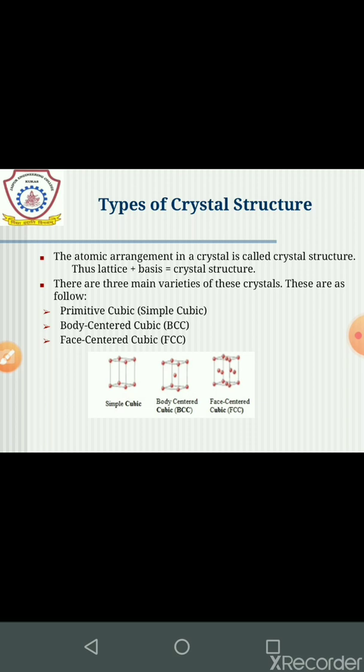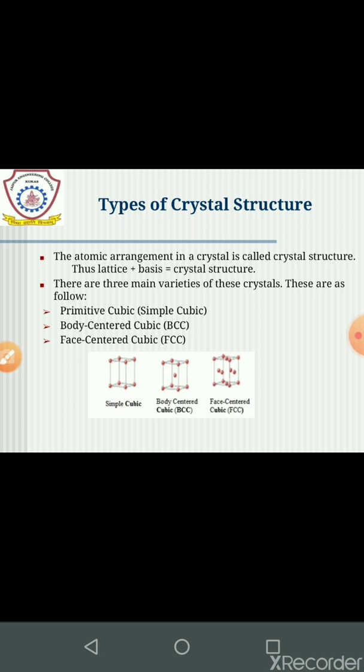There are three main varieties of these crystals. First one, simple cubic, also known as primitive cubic. Second one, BCC, or body centered cubic. Third one, FCC, face centered cubic. In the given figure, we can see the three different structures: simple cubic, BCC, and FCC.